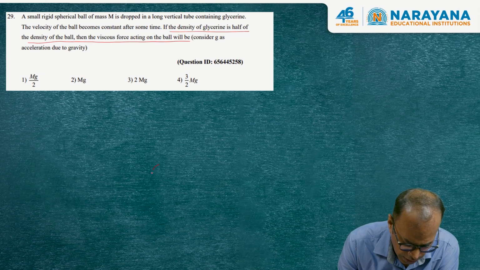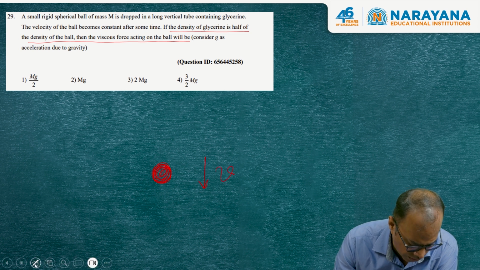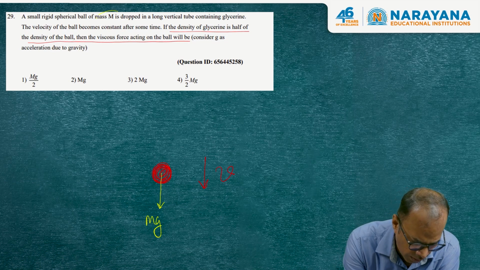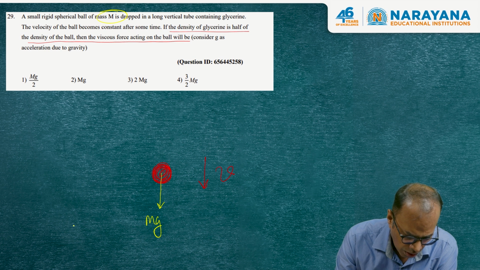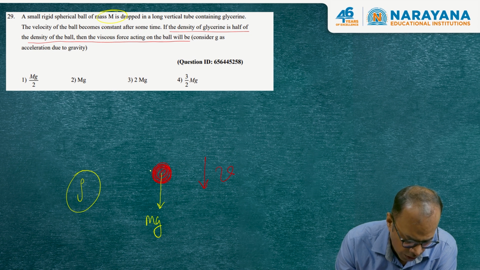So at the final stage we are talking about. In the final stage, when it has acquired a terminal velocity, the net force on it must have become 0. One of the forces would be mg. We are already given that the mass is m, and the density of the glycerin is half. So for the same volume, glycerin will weigh half.